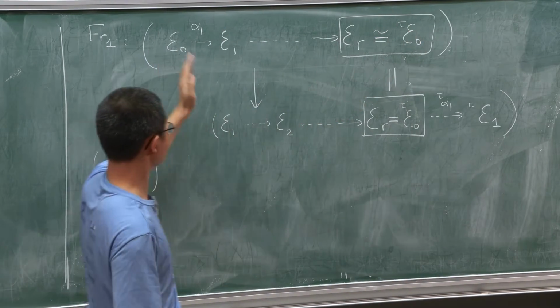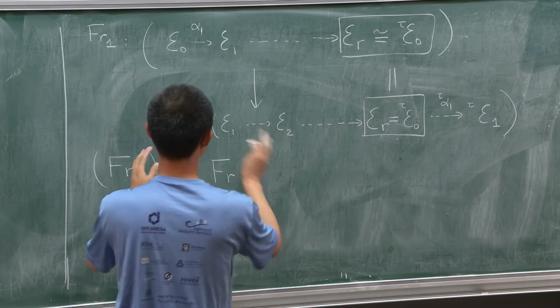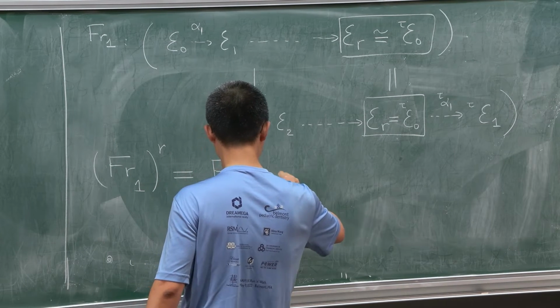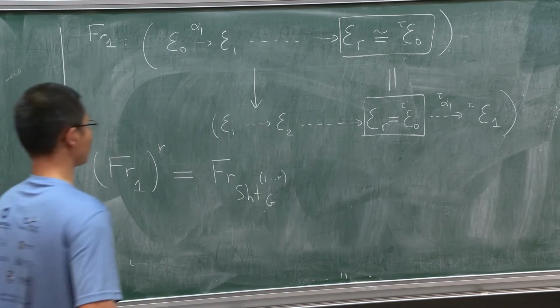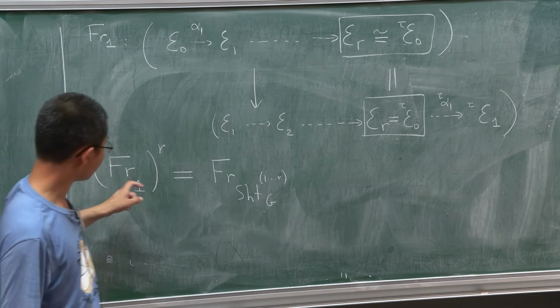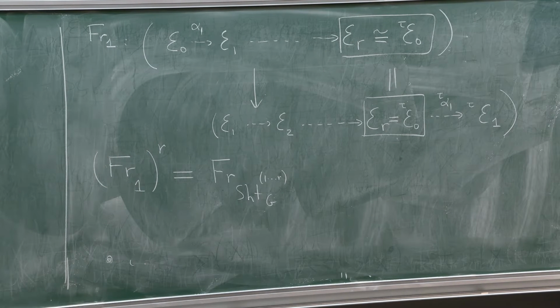If I shift by r, this is exactly the total Frobenius applied to everything. So in this sense, partial Frobenius gives a decomposition of the total Frobenius into r steps. So that's why it's called partial Frobenius.